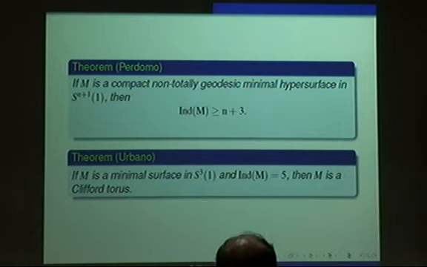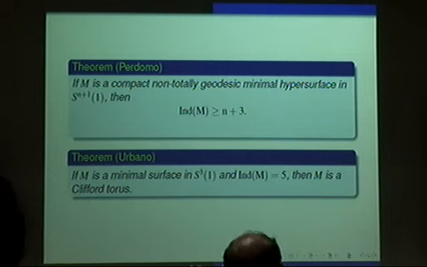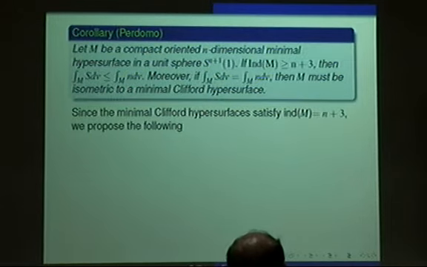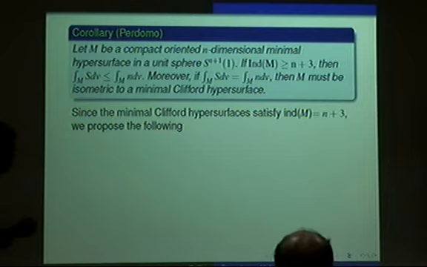On the other hand, we can compute the index of the Clifford torus. By a direct calculation, we know that the minimal Clifford hypersurfaces, meaning the Clifford torus, satisfy index equal to n plus 3.